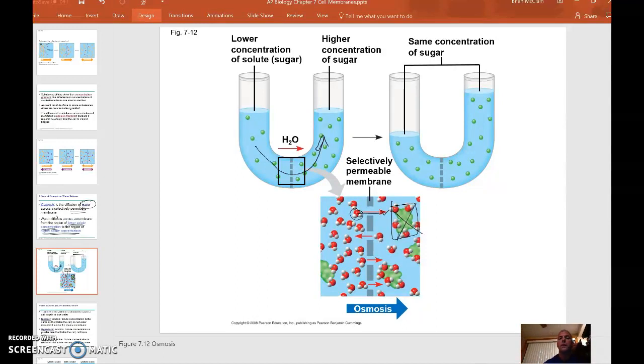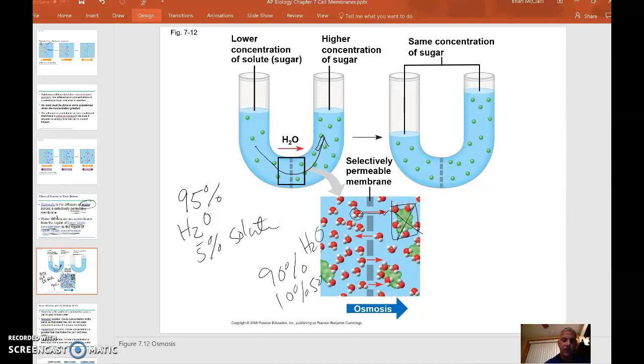And the water, if we go once again to make simple numbers, let's just make this real simple. Let's say this side has 95% water, 5% solute. And then this side over here was, let's say 90% water, 10% solute.